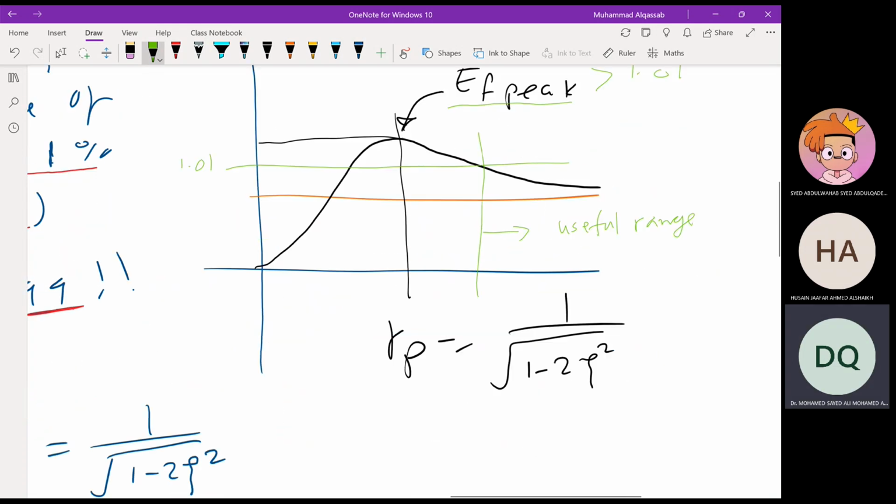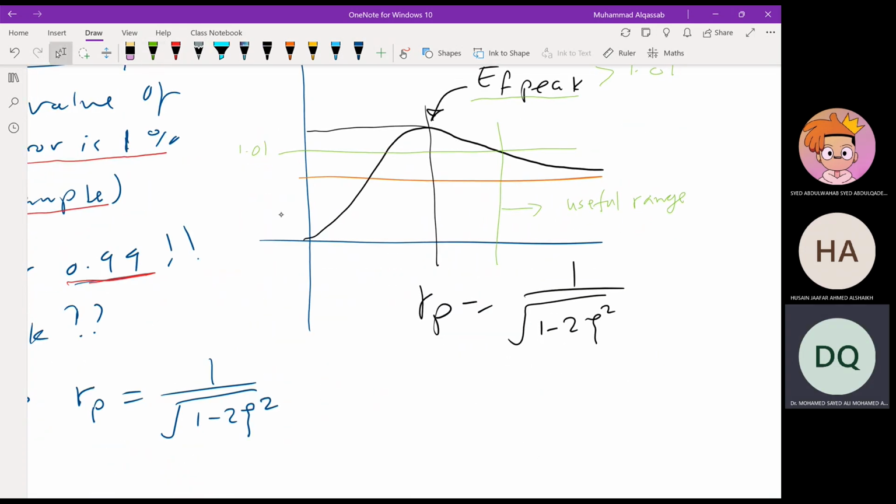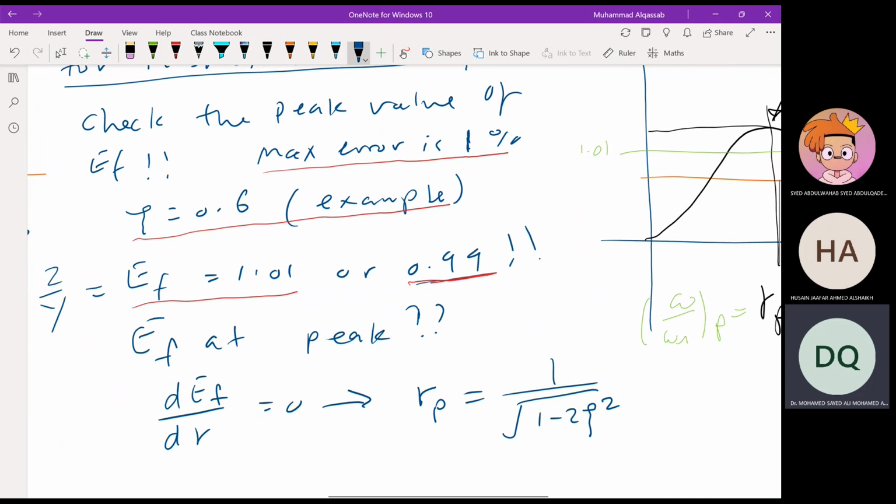And we let the peak value, this is R peak, which is omega over omega n peak, that corresponds to the peak point, is 1 over square root of 1 minus 2 zeta square. Okay, so here is what you should do.